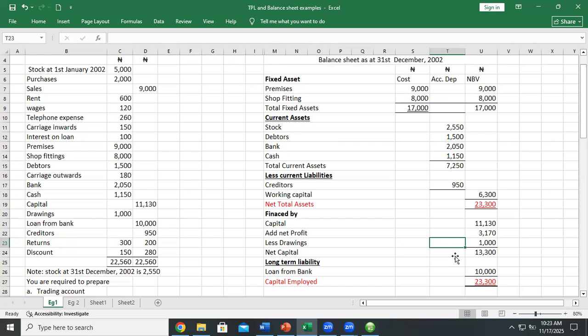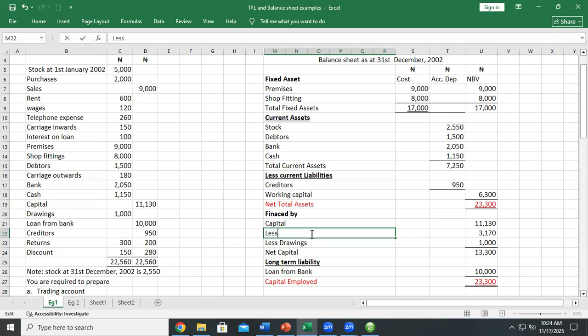Yes, Tina, please go ahead. Sir, please, you said something about the loss. Please, can you go over it again? Okay, so I'm saying that if you solve the question where you didn't get a net profit, but you had a net loss, then under the financed by, you were going to add your net loss, or better still, you say less, because you are going to subtract.